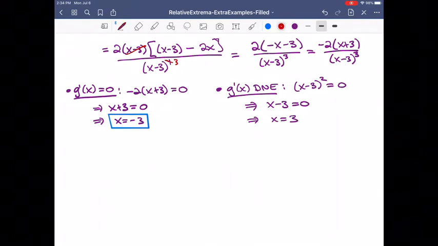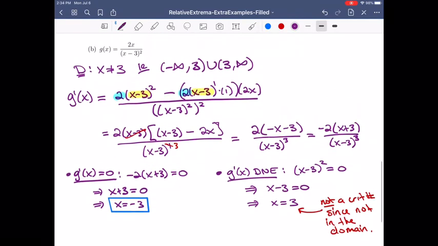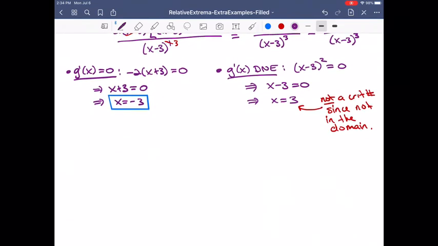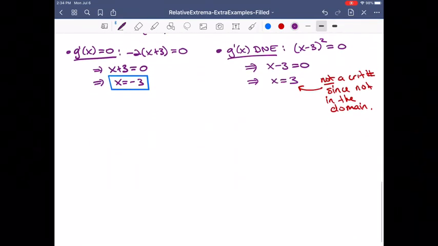Now this one is not a critical number, since it's not in the domain. But when we put it on our number line, we still want to include it, because remember, it's a place where the derivative doesn't exist, so the increasing and decreasing can change there. So x equals negative 3 is actually our only critical number.